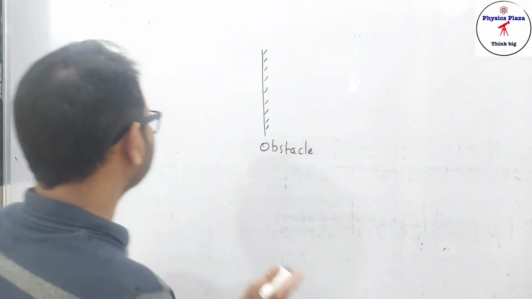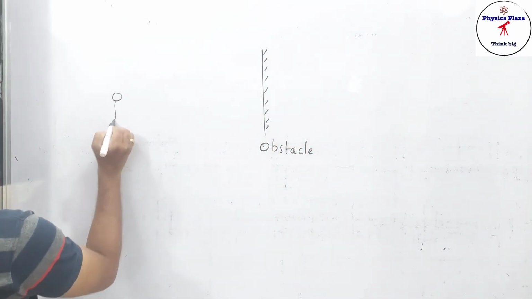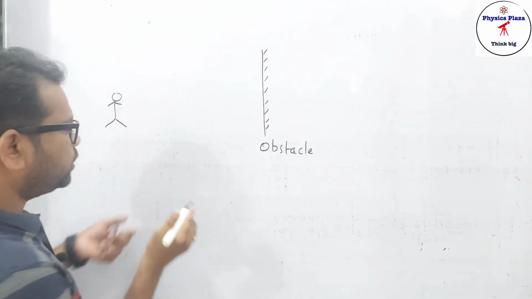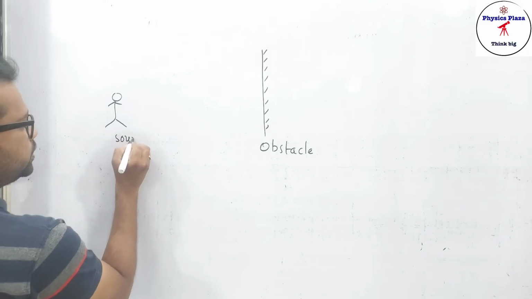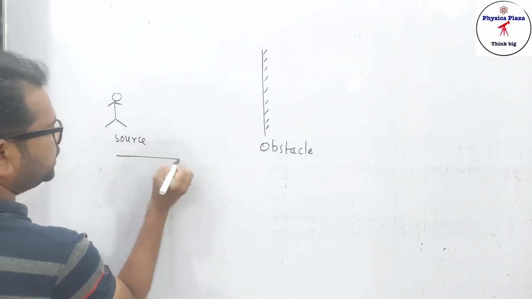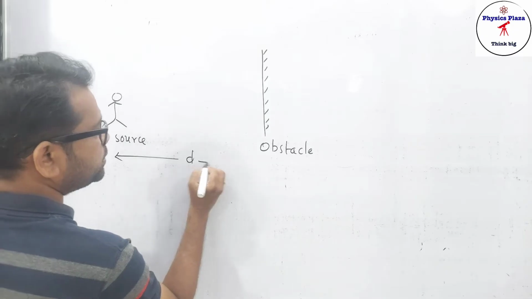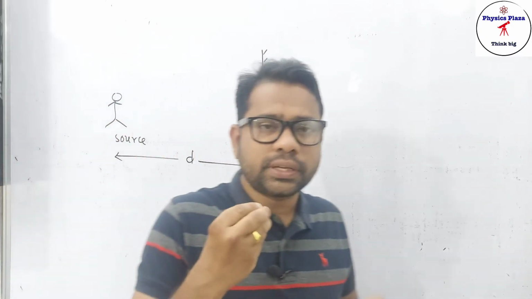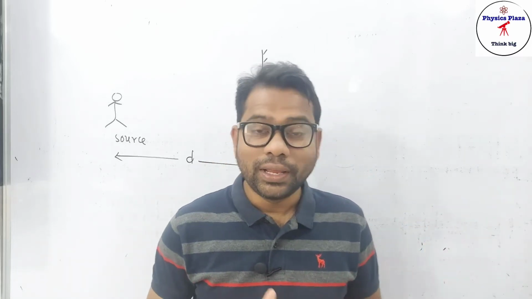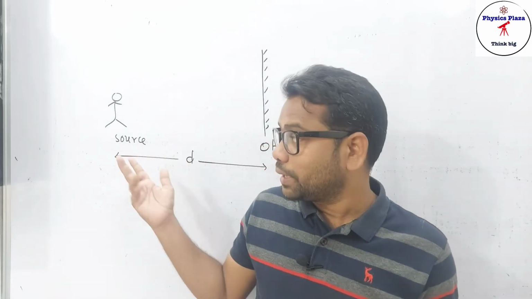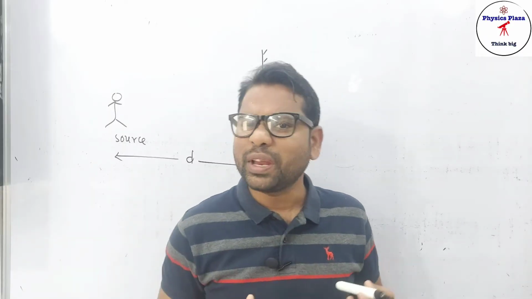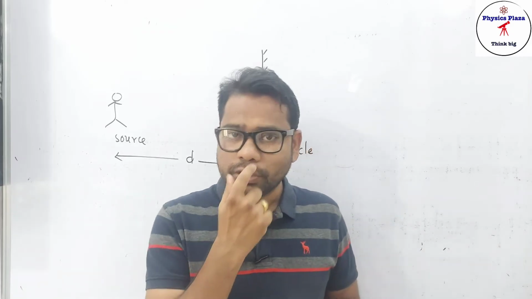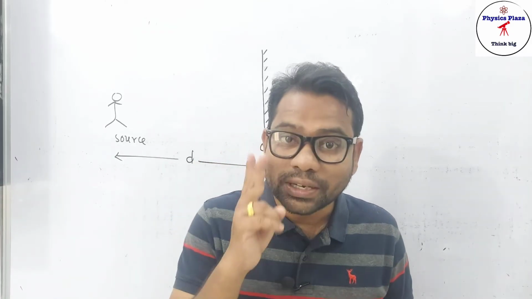Here is a person who is going to make a sound, so let us say here is the source of sound, such that D is the distance between the obstacle and the source of sound. The moment the person makes a sound, he can hear two sounds actually. You may be surprised: sir, he is the only one making a sound, so he should hear only one sound, right? No, children, he can hear two sounds.